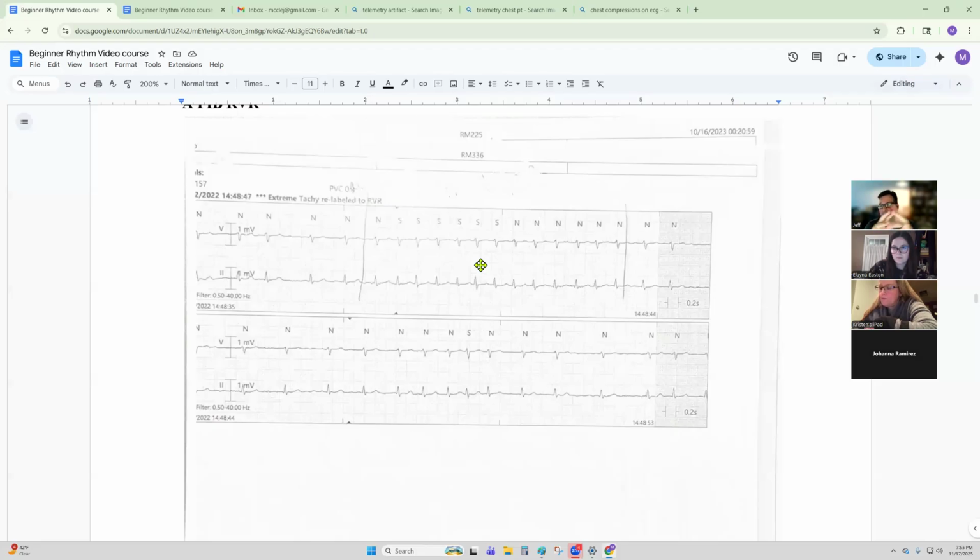Jan and I had this conversation for many years. We should create a label of accelerated wandering atrial pacemaker, because you have these moments of the wandering atrial pacemaker not being excited, but just a little bit on the faster side. It just kind of flirts with that 90 to low hundreds area. And we're like, let's call it an accelerated wandering atrial pacemaker.